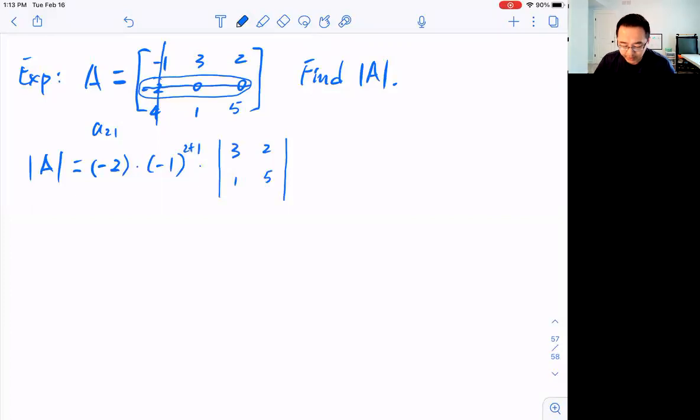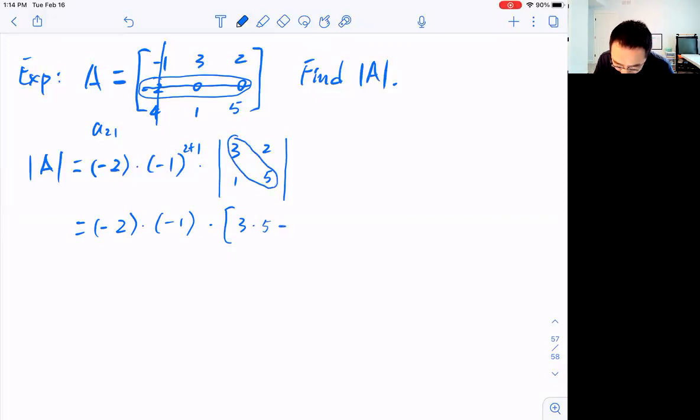You're with me? Because the minor is eliminating the row and the column your element is on, and then calculating the determinant of whatever remaining matrix it is. So if we do that, this is -2 times -1 times the determinant: 3 times 5, which is the product along this diagonal, minus 1 times 2, which is the product right there, okay?